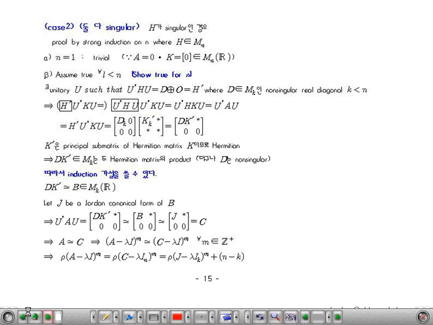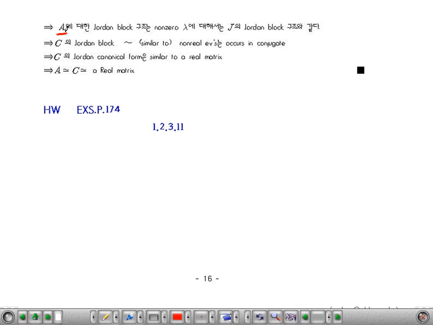Then we have that the Jordan block of A corresponding to non-zero lambda is the same as the Jordan block of J, which is a Jordan block for the real matrix C. So the Jordan blocks of C have non-real eigenvalues that appear in conjugate pairs, complex conjugates.